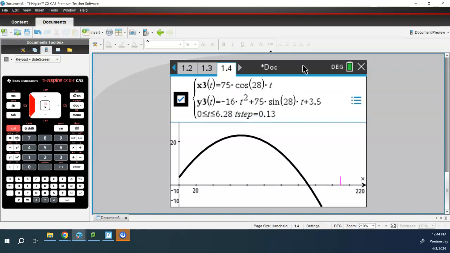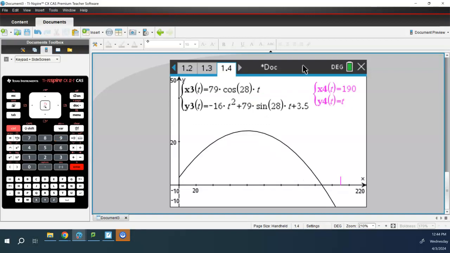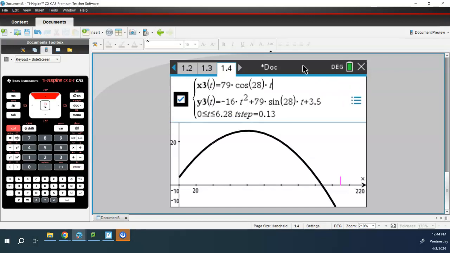So if I jumped this up to, let's say, 79, I got to change it in both spots. But now instead of hitting the ball at 75 feet per second, he hit it at 79 feet per second. Didn't make it. Still not dinger-ish. Okay? Let's go up to 82. We're going up by 3s.